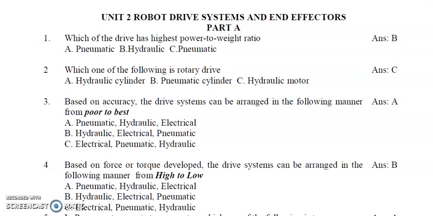As I mentioned in the previous video, we have part A questions as well as part B questions in a university examination. We will see the part A questions first, then we will go for part B questions.